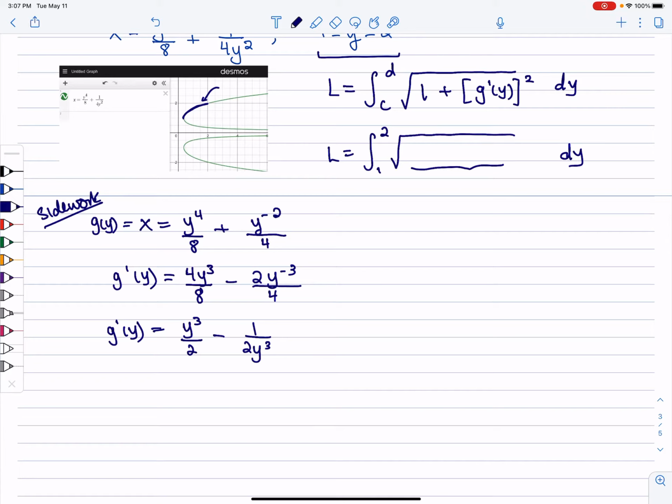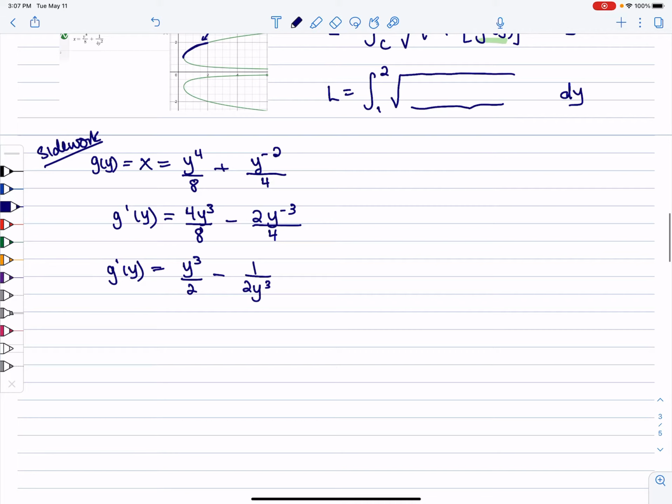In the next step, according to our formula, we just found g prime of y. Our next step is going to be to square. So if we square g prime, we have g prime of y to the 2nd power is equal to y cubed over 2 minus 1 over 2y cubed, and then we know we have to square.